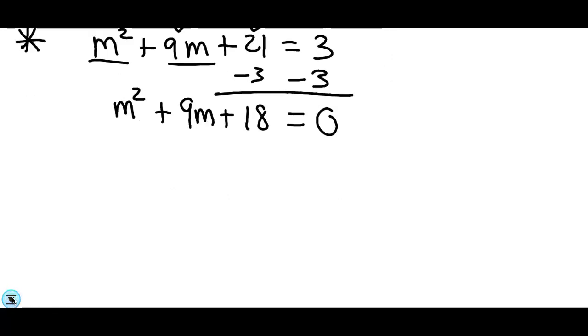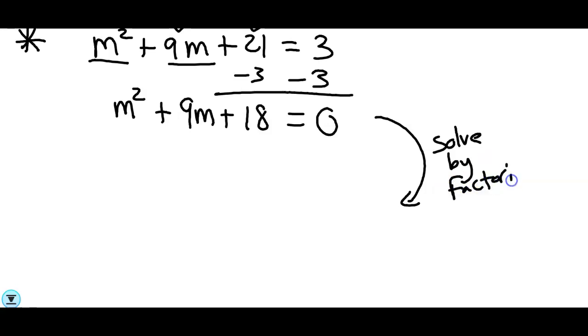So like I said, at this point, you could either do quadratic formula or factoring. I'm going to solve it with factoring. Let's see if you're right. Yeah, you are right.